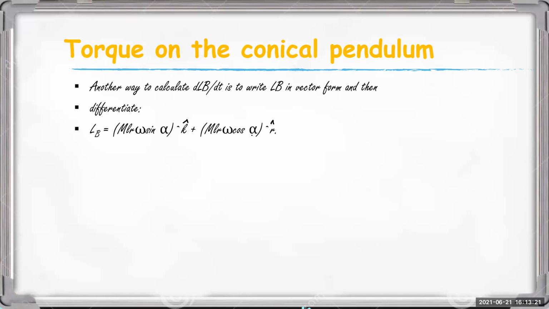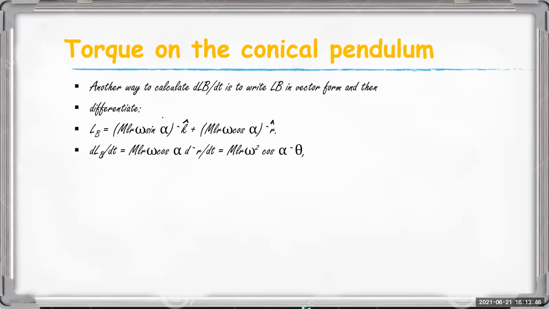Then we find the derivative. When we are finding the derivative, look here. The z component of LB does not change, then its derivative is equal to 0. Only this component changes.